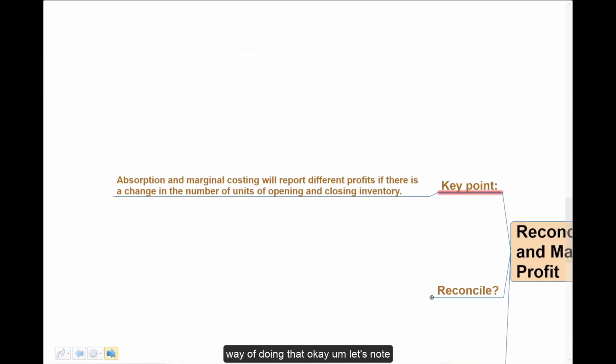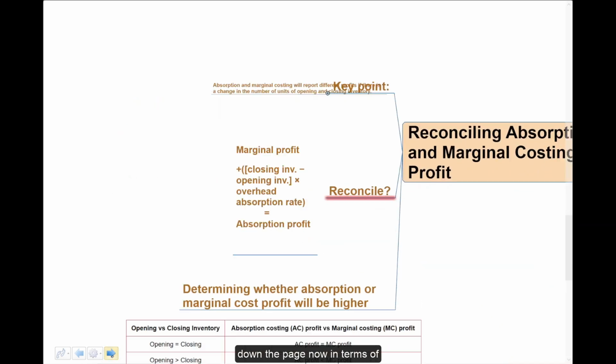Well, there is a way of doing that. Let's note, first off, key point, as I said up top, that certainly different profits will be reported linked into the change in the number of units between opening and indeed closing inventory. I'll open up that point a little bit more as we go down the page.